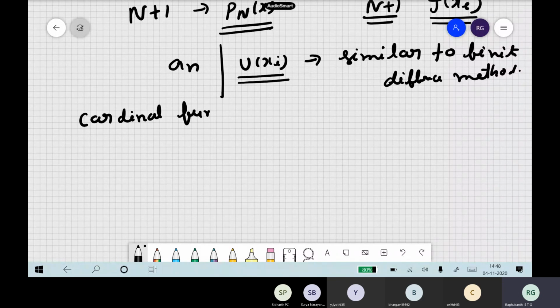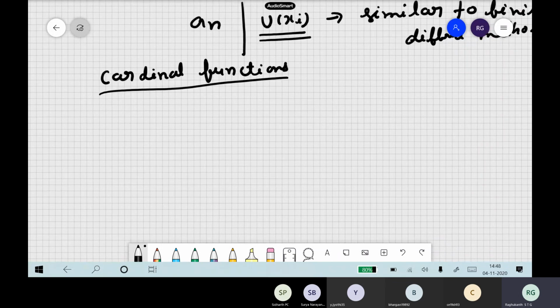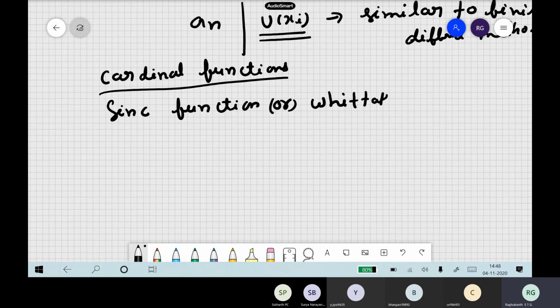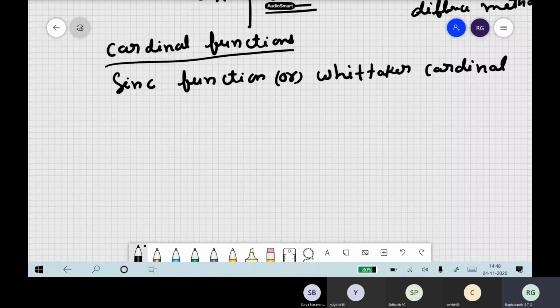Cardinal function, I already told you previously, Cj, whatever is the Lagrange, or there are several cardinal functions actually. One famous one is sometimes also known as the Whittaker cardinal function, which is very widely used in periodic problems. This function is defined like this.